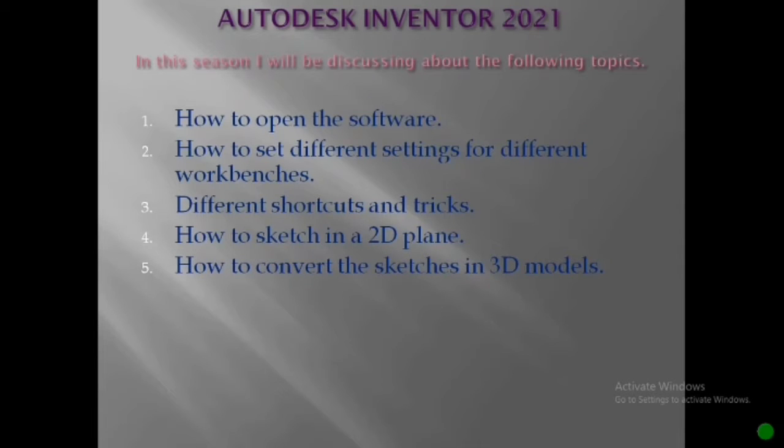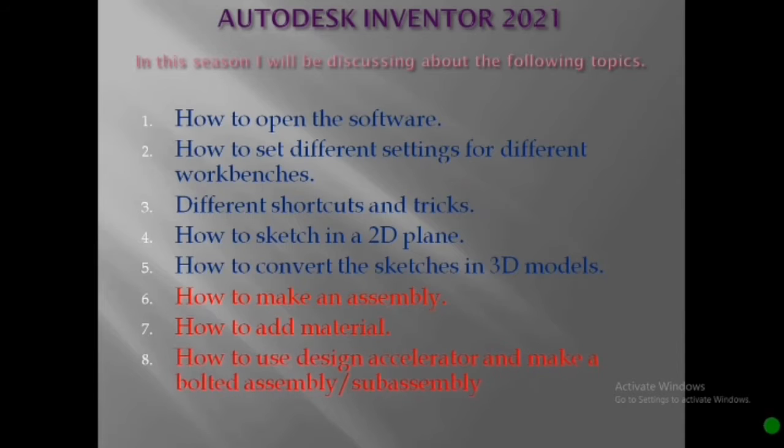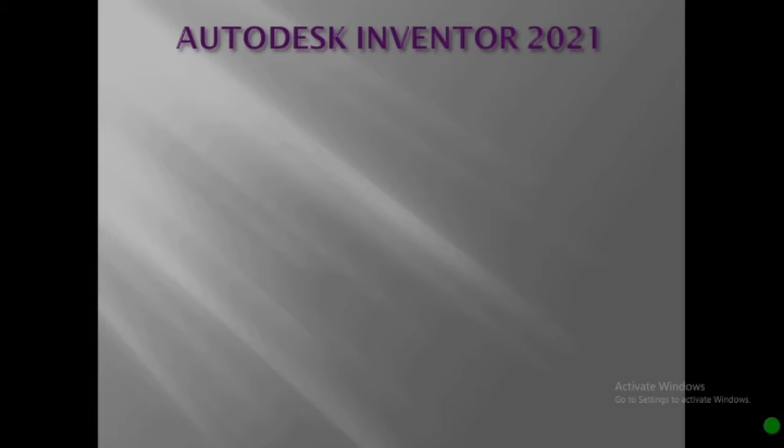I have shown you how all the parts we have made in our last session. So today I am going to show you from 6.6 how to make an assembly, how to add material, and all the remaining parts which I promised to discuss in the beginning of the session.